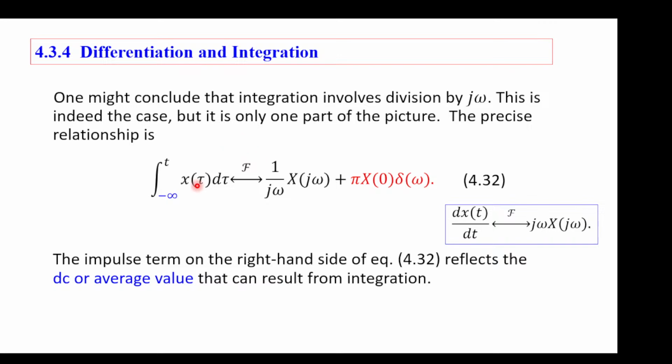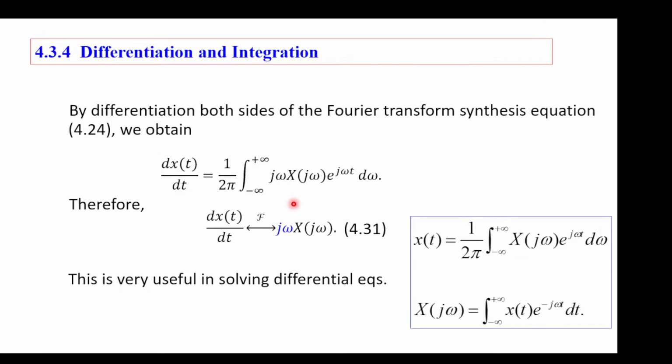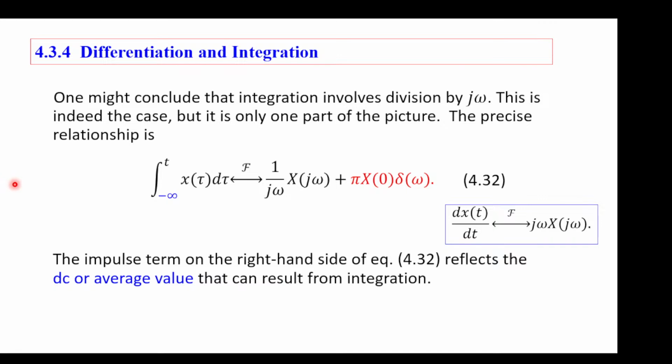We have this signal, the integral from minus infinity to t of x of tau d tau, which is some function of t. We think integration should now be the reversal of differentiation, so where you have j omega, you should have 1 over j omega. But we will state it without proof here. You will also have this really weird term here.